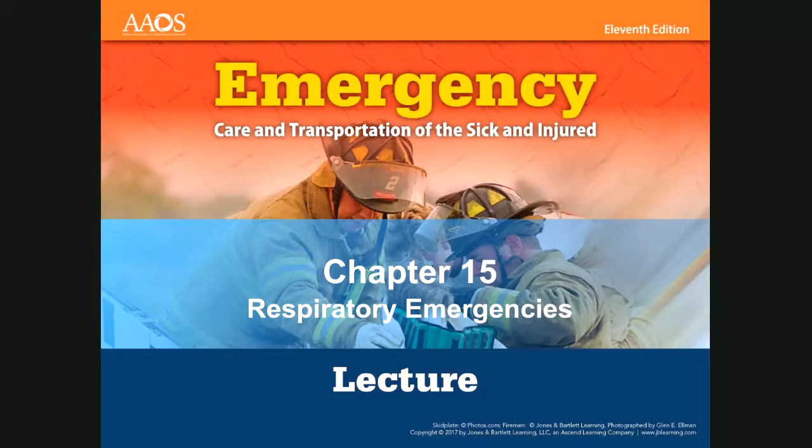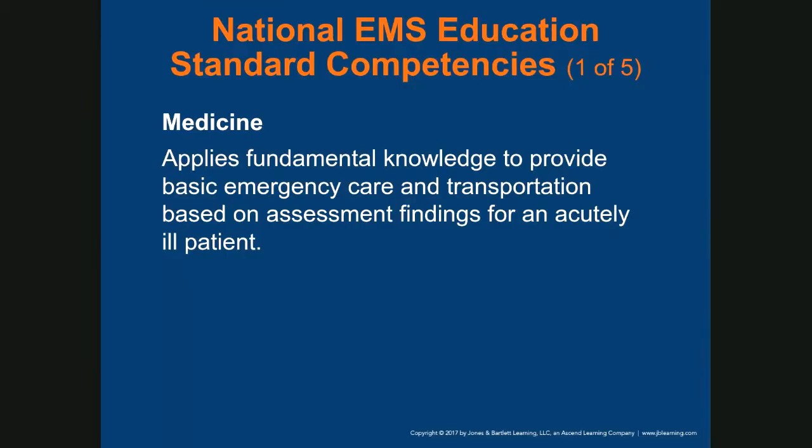But what is also extremely important to your medical patients is your ability to obtain a SAMPLE history, your ability to gather information, whether it's direct or indirect. That's going to be extremely important to your medical patient. All right, so we'll be looking at respiratory emergencies first. So let's get right into it.